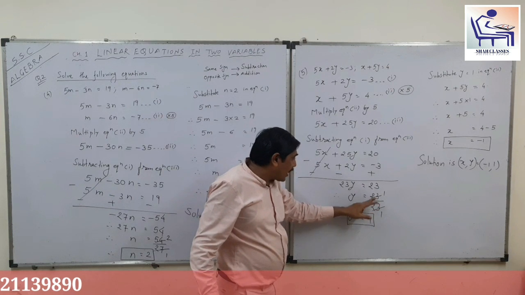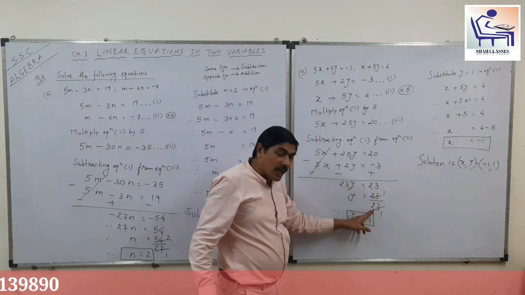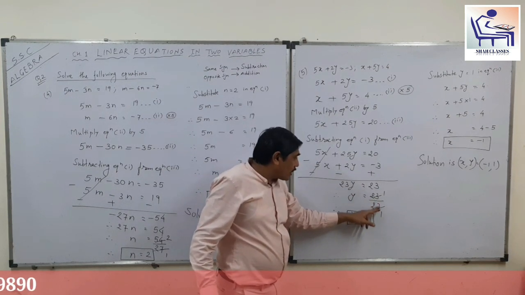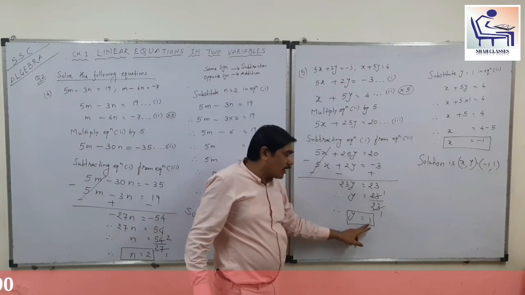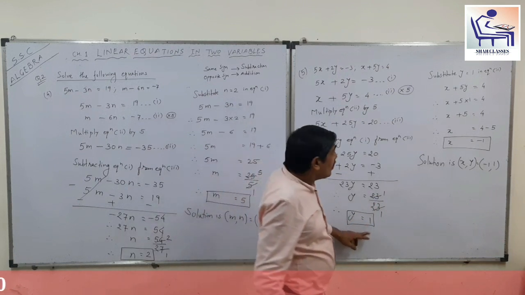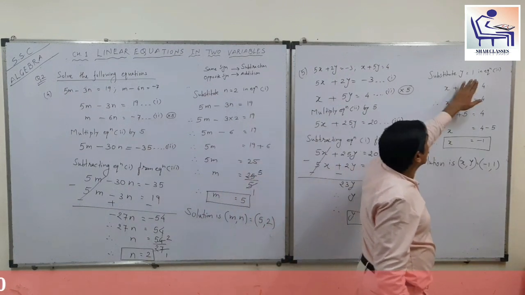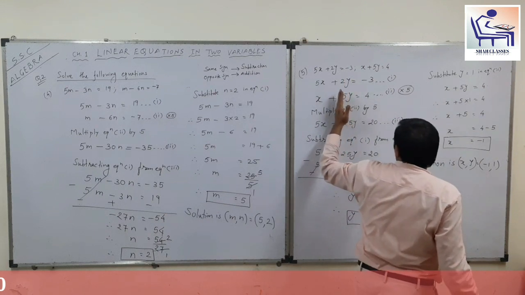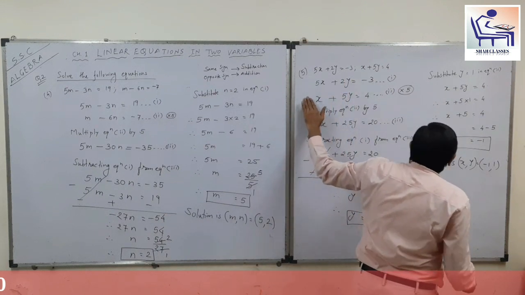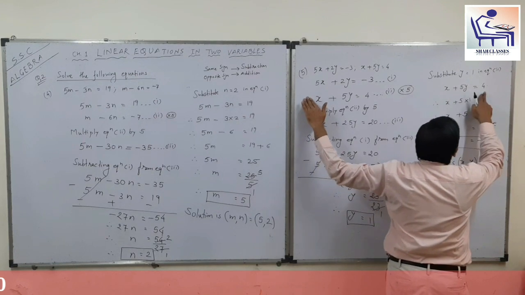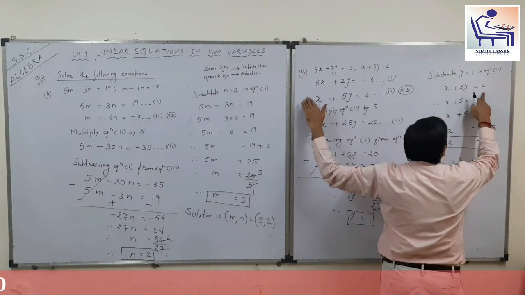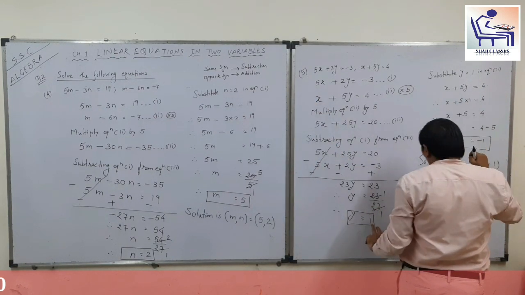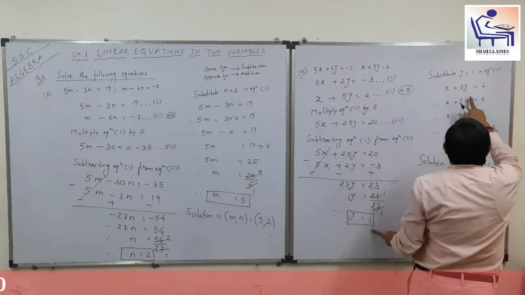So 23 divided by 23, when it goes on the opposite side, it gets divided. So 23 ones are 23. So the final answer for the value of y is 1. Now this value we are going to substitute in any of the equations. But equation 2 seems easier, so that's why I'm putting it in equation 2. X plus 5y is equal to 4. Instead of y, I'm going to put the value 1.